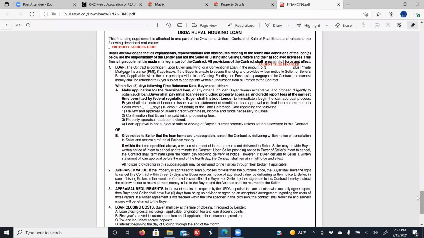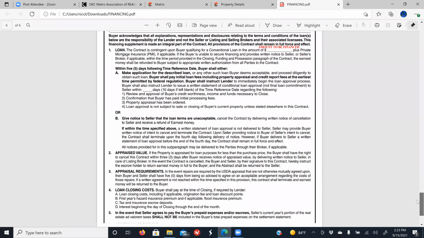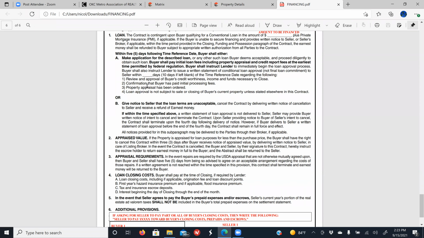So if they're buying a house and the contract price is $150,000 and they are going to do a USDA loan and not put anything down, then your amount that you're going to put in that first blank is going to be $150,000. Again, in here, this one is very much like the conventional loan form, and everything is defaulted.